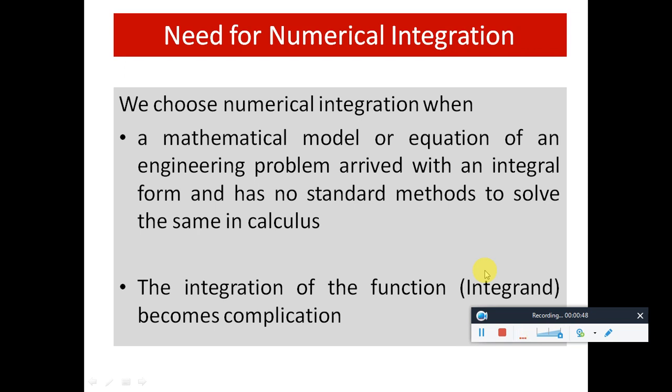Before we get into the session, we'll see what is the need for numerical integration. In engineering environments, any problems which arise with a mathematical model or equation involve highly complicated differential or derivatives or other functions, and we don't have any standard methods to solve the integral value using normal calculus, and sometimes the integrand itself, the integrand f of x itself, will be more complicated.